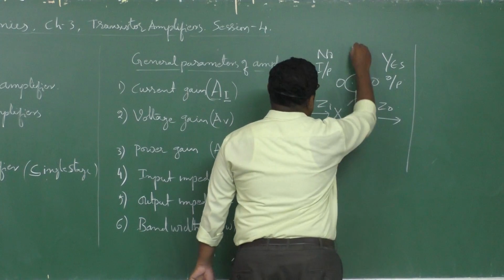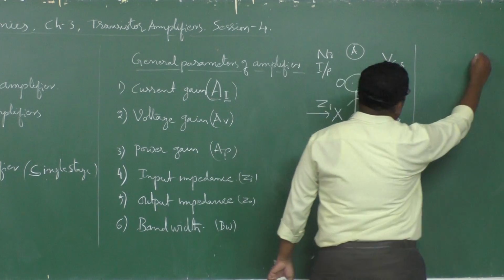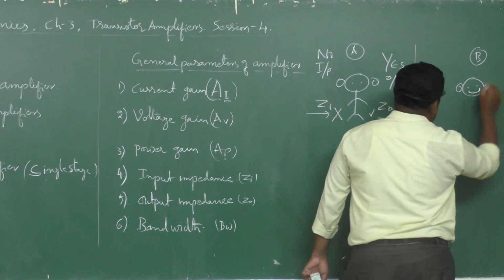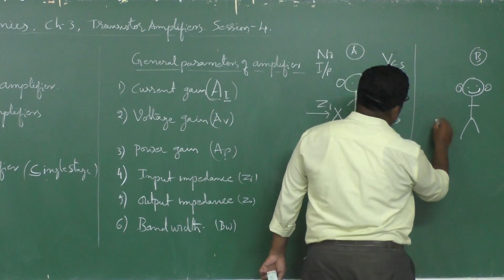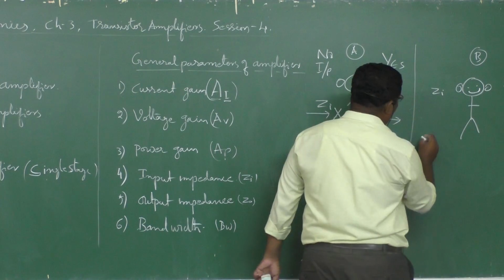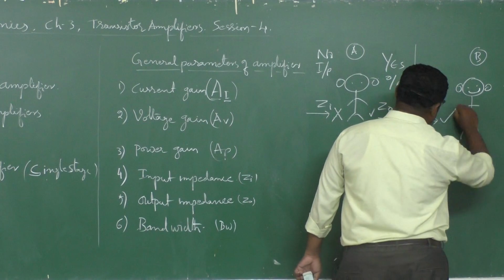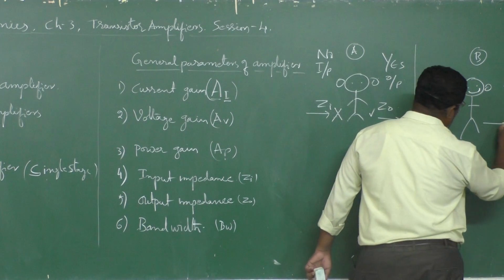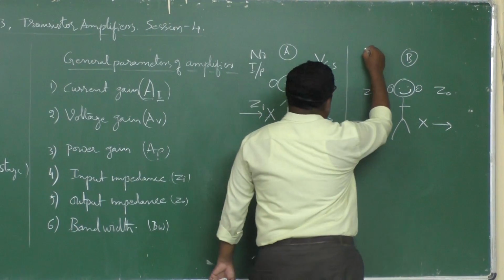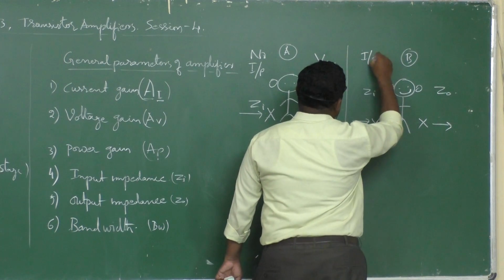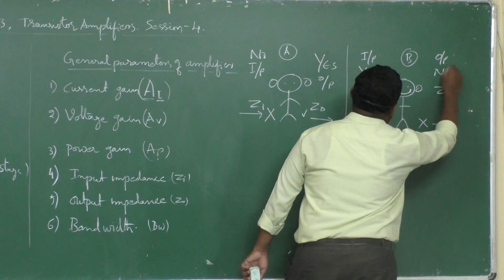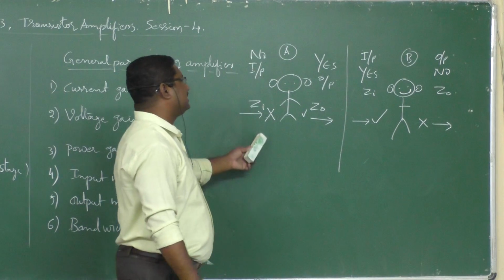This is person A, and we have person B. He also has input impedance and output impedance. Anything coming from outside, he accepts. Somebody asking, he says no to giving out. So input coming, yes, and output needed, no. He is not giving anything to anyone.